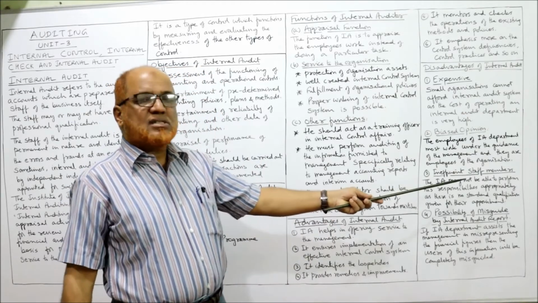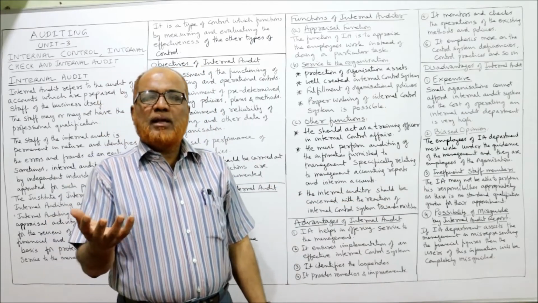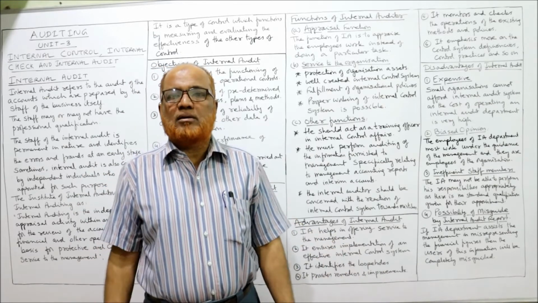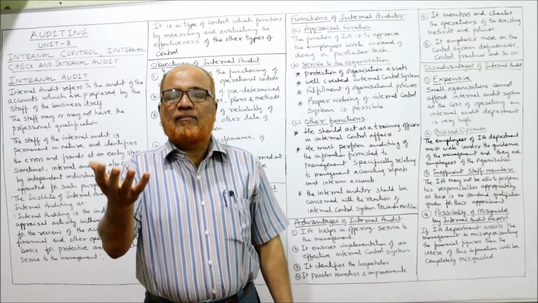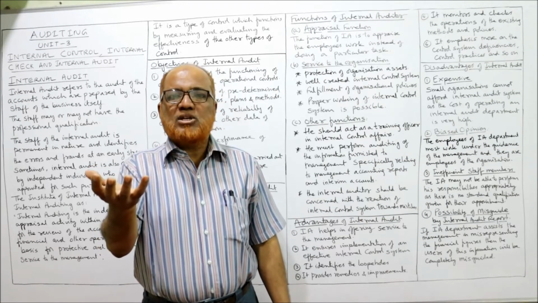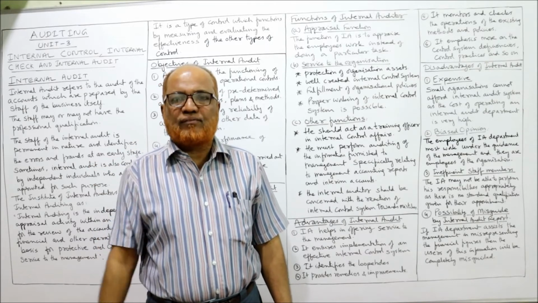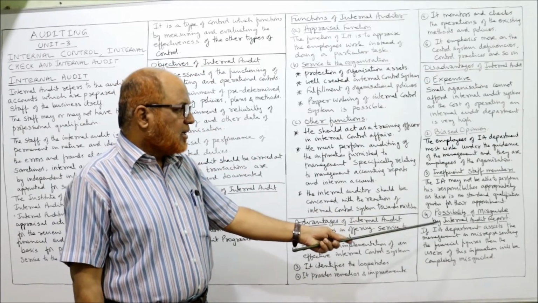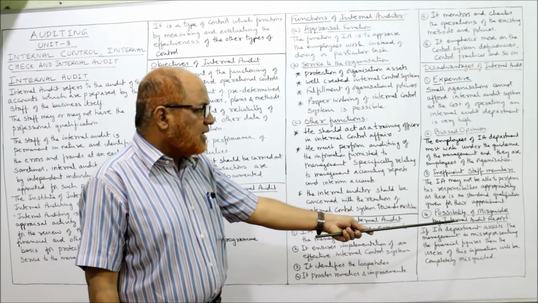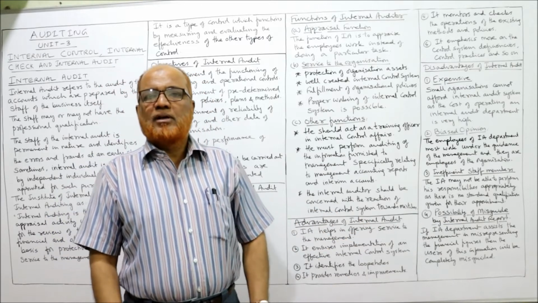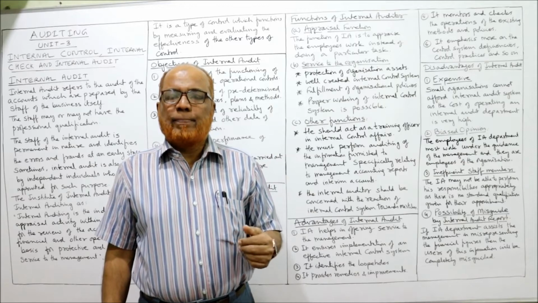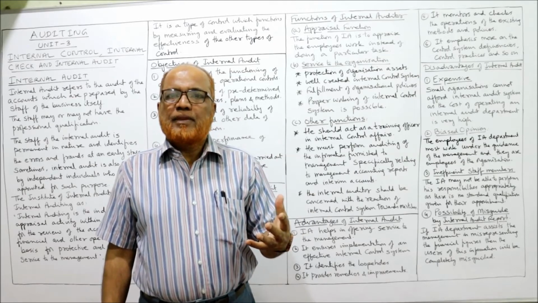Next one, inefficient staff members. Normally, in order to maintain this internal audit, some staff members are required. But many times the organization may face shortage of staff. Then in that case, it will be difficult to conduct this internal audit. Then the possibility of being misguided by the internal audit report. Suppose the internal audit report is not correct, not reliable, then what will happen?